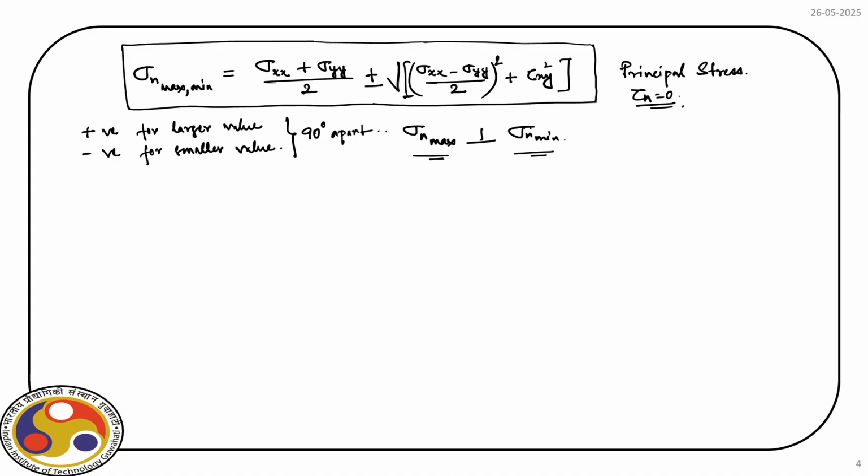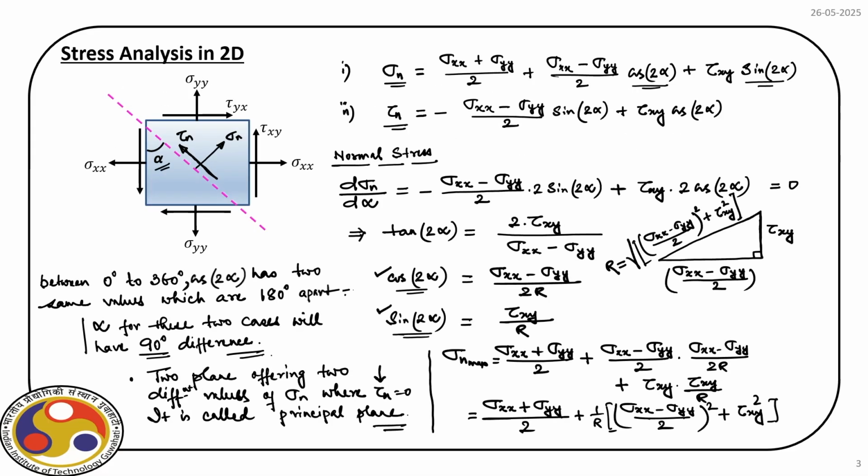Okay. So, now before we move forward, let us recall we have already derived tan 2 alpha for the principal stress, which is twice tau xy by sigma xx minus sigma yy.